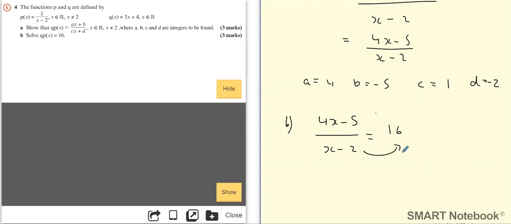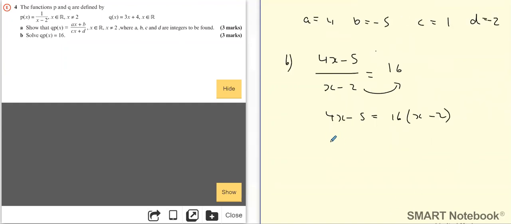So we're going to multiply this to the top right. 4x minus 5 equals 16 times x minus 2. And we get 4x minus 5 equals 16x minus 32. So again, 27 equals 12x, and we get x equals 27 over 12. Is that okay? Questions there?